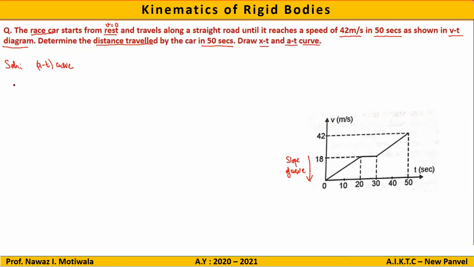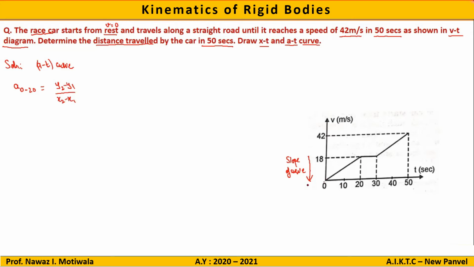Now, for the at curve, let us start from 0 to 20. Why 0 to 20? Because the curve here is the same from 0 to 20. The formula is y2 minus y1 divided by x2 minus x1.